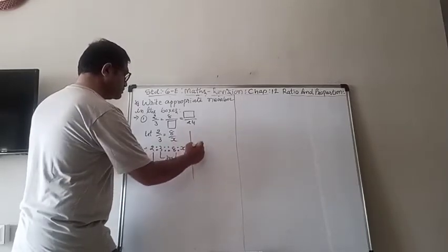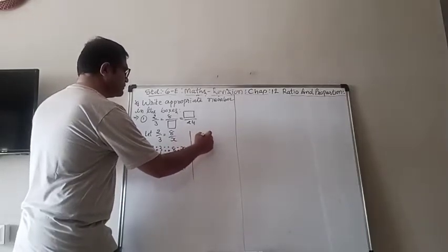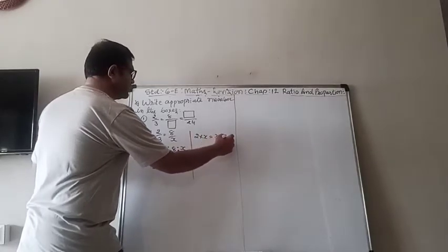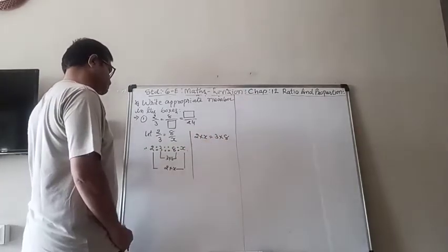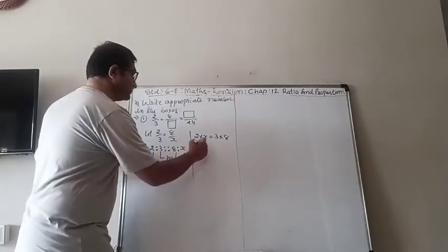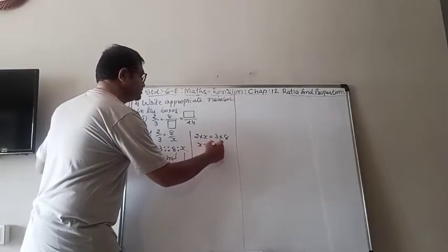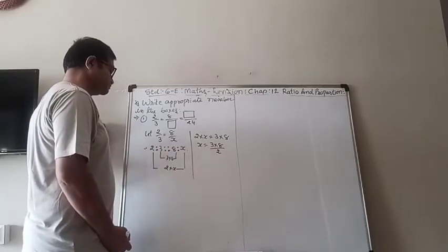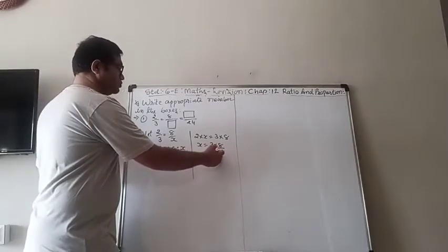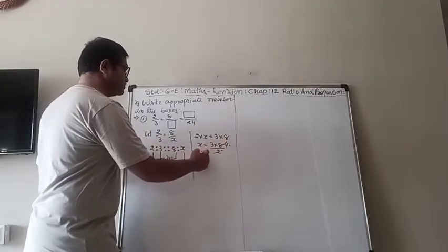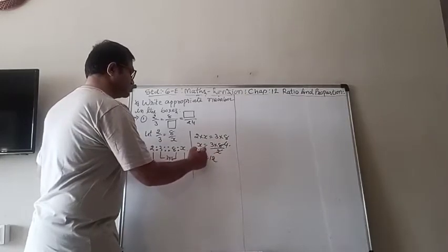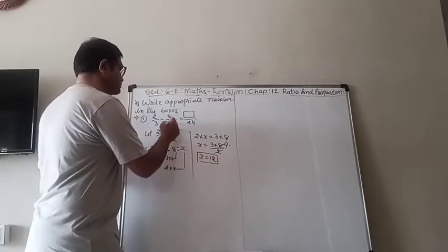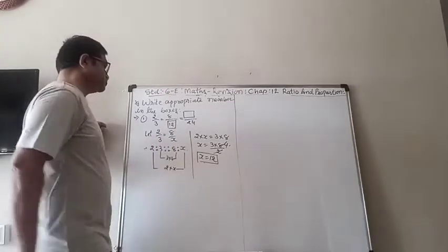So we can write down 2 multiplied by x is equal to 3 multiplied by 8. So x is equal to 3 multiplied by 8 divided by 2. So 2 fours are 8, so 4 threes are 12. So x is equal to 12. So we get the answer 12 here.